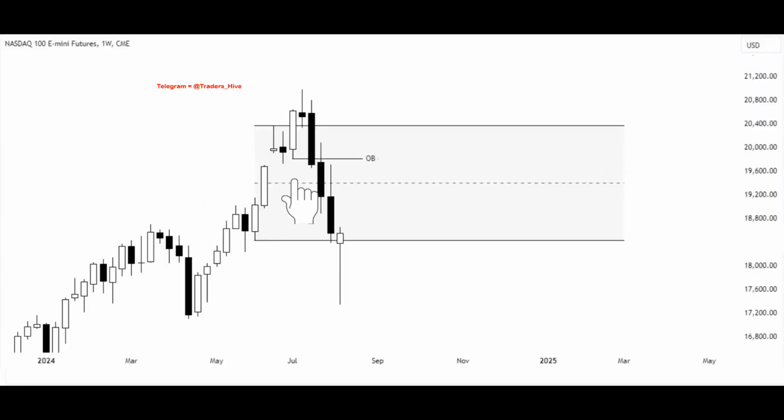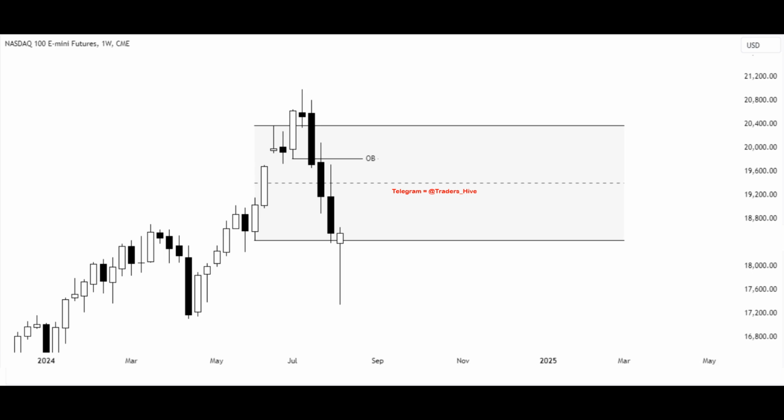Now you're going to use this CRT and this candle as an order block for NQ to push price even lower towards the monthly CRT, because this particular candle purged liquidity and then price closed below it, so it becomes a valid order block. First of all, we had the CRT, then price closed below it to form this key level in the form of this order block, and then price tested that order block in key level and pushed lower towards the higher time frame down liquidity, which is the monthly CRT low.